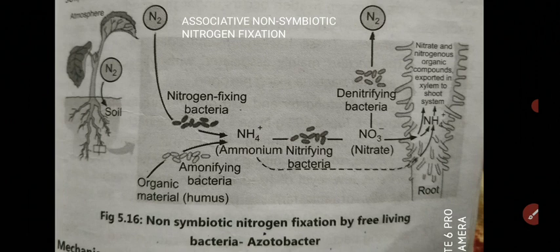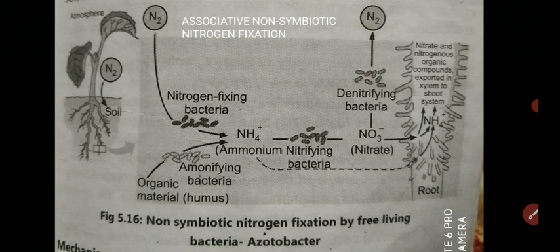So this is the diagrammatic representation of non-symbiotic nitrogen fixing by a free living bacterium, that is Azotobacter. Azotobacter are motile, oval, spherical bacteria which are aerobic in nature. They are found mostly in neutral and weakly basic soil, but not in acidic soil.